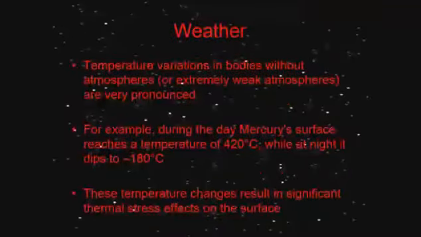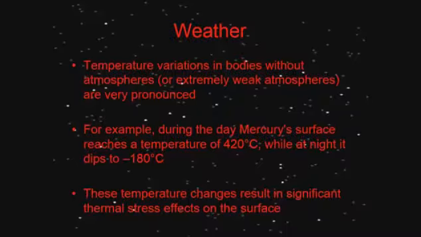In terms of weather, as I said, there's no real atmosphere, so there's no real weather on the surface of Mercury. So what you're really talking about in terms of temperature is temperature changes due to the effects of direct solar heating.